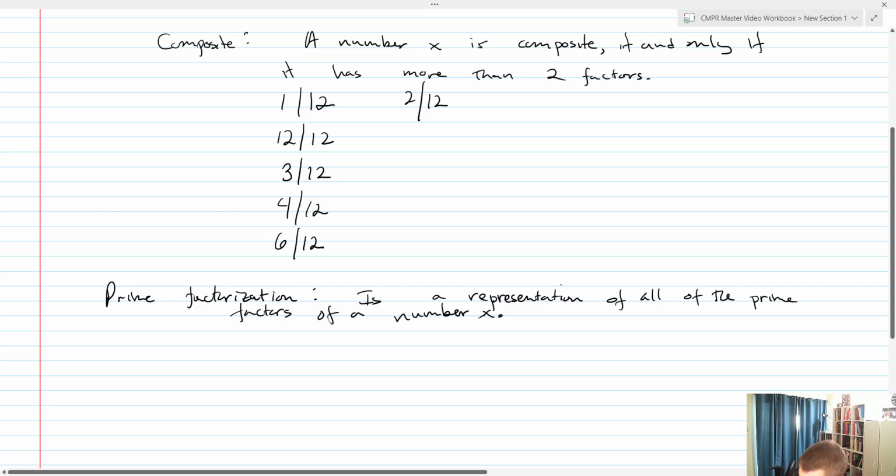All right? And in these factorizations, we use exponents to represent multiples of a particular factor.